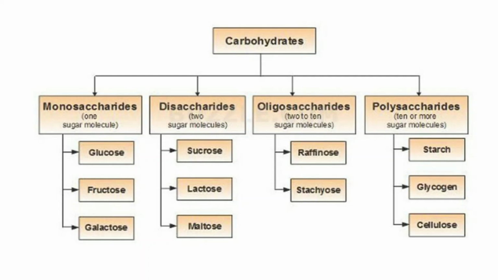Sucrose, lactose, and maltose are examples of disaccharides. Third classification is oligosaccharides. Raffinose and stachyose are examples of oligosaccharides. Polysaccharides are the last carbohydrate classification, which represents the starches, glycogen, and cellulose.